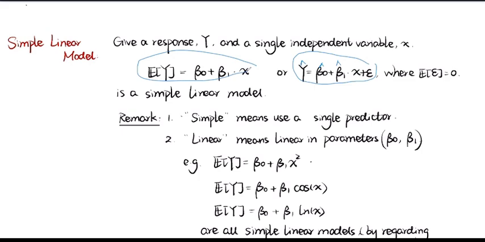When you include the error, because you want to work on a sample of data, not the overall population, then your beta naught and the beta 1 will be called estimates of the linear regression parameters. Does that make sense? So the beta naught here is just the population regression constants, but the other one is called estimates of the population regression constants. Does that make sense now? So that is what that means.